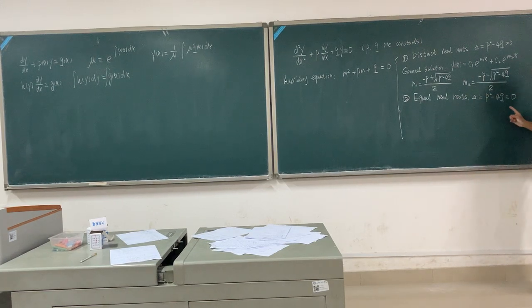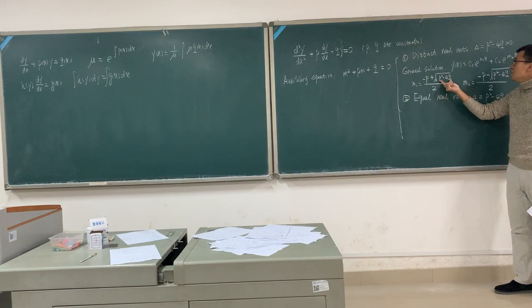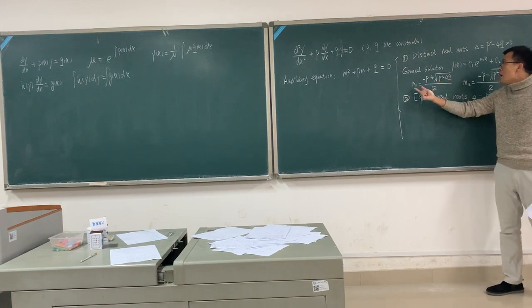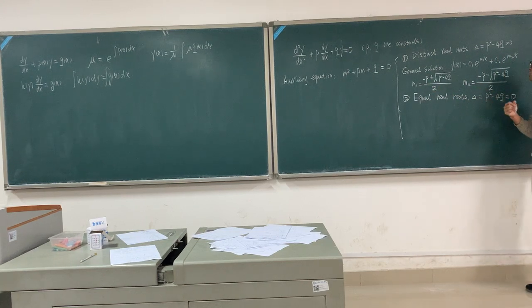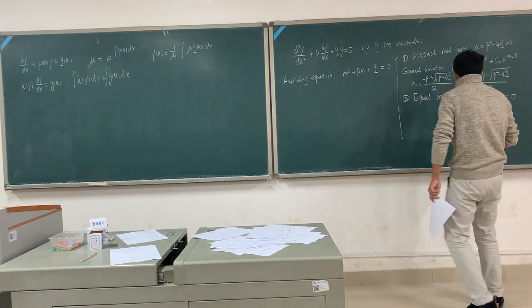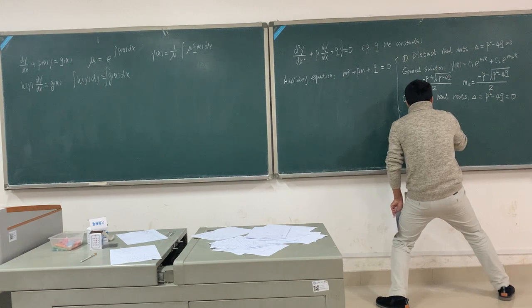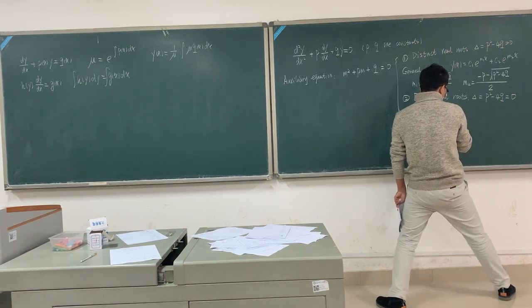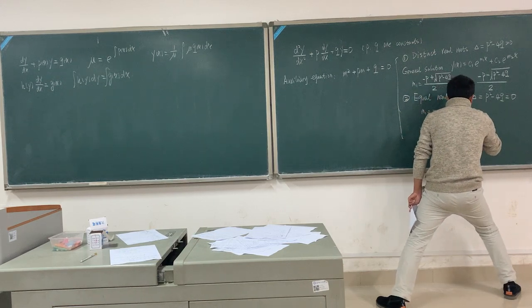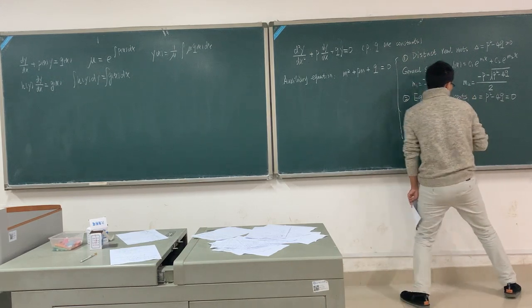So in this case, m1 is minus p by 2, and m2 is also minus p by 2. So we have m1 equal to m2 equal to m, equal to minus p by 2.